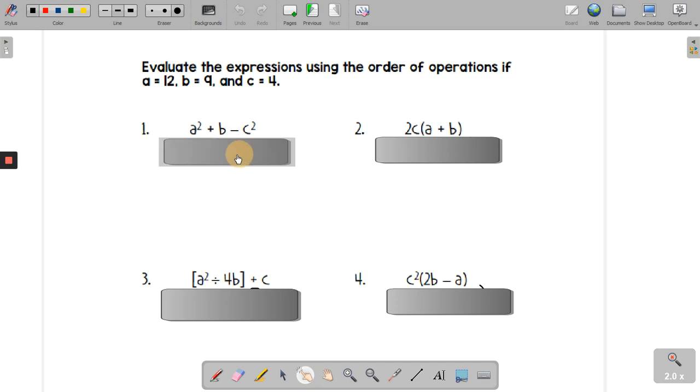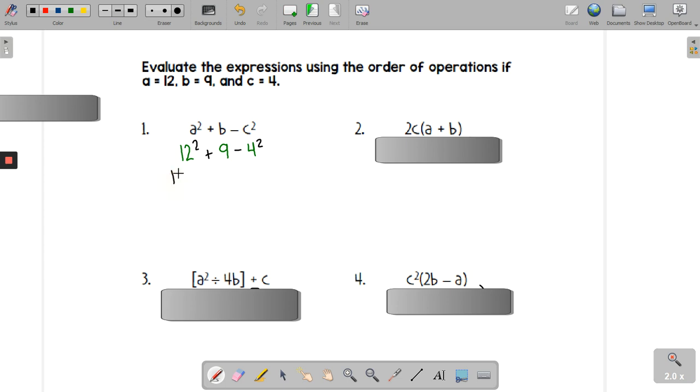So when we substitute it in, we get 12 squared plus 9 minus 4 squared. Now we simplify. Back to PEMDAS. We look at our exponents here. 12 squared is 144.